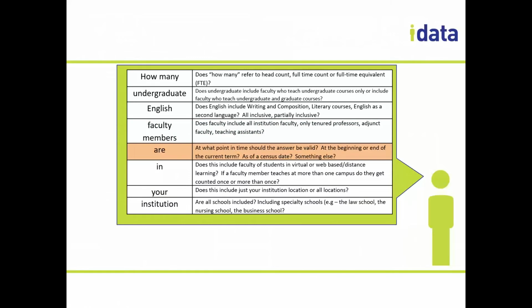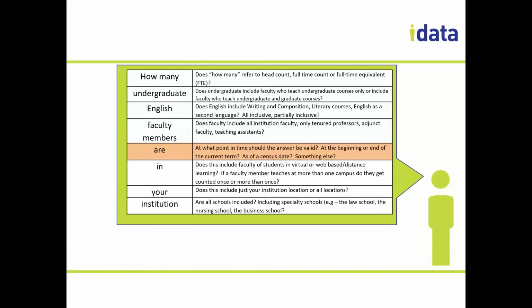Now we're getting really granular when we ask: at what point in time should the answer be valid? Your question is how many undergraduate English faculty members are in your institution. So are we saying currently, at this moment in time, at the beginning of the term, as of some census date, something else? Does this include faculty who are only on premise, or people maybe doing virtual classes, or maybe that's through some partner?